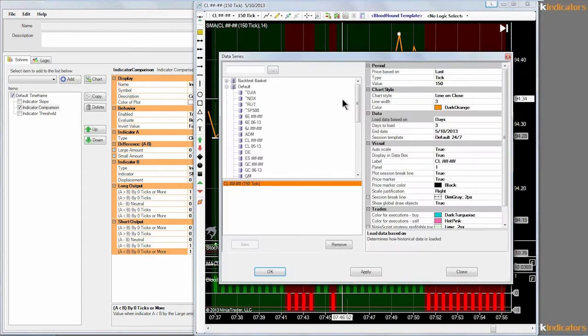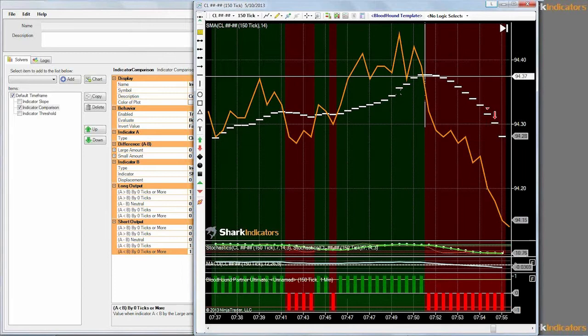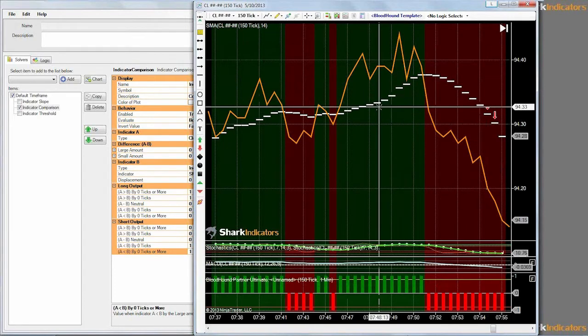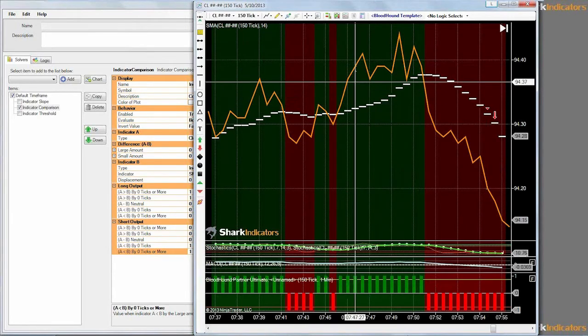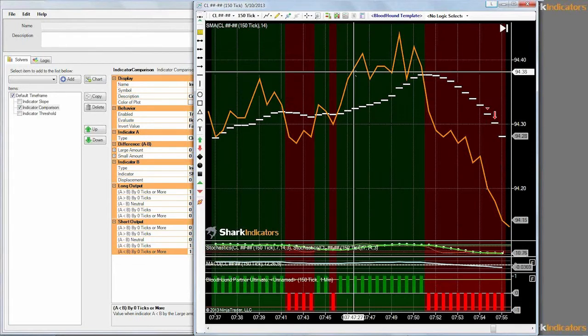I want to make this visually easier to see. It'd be nice if I could put dots on the actual price value.